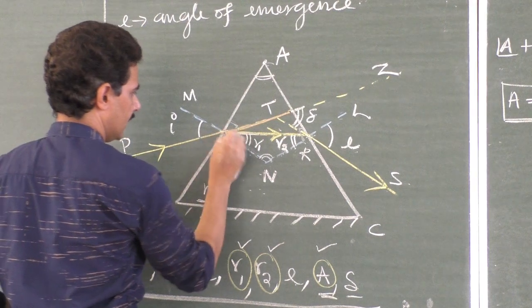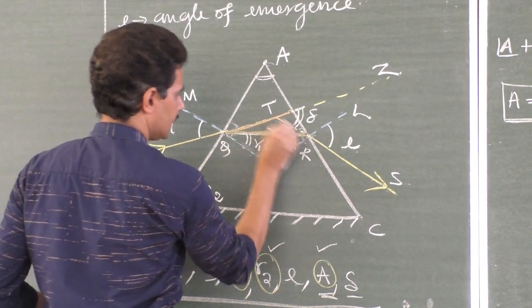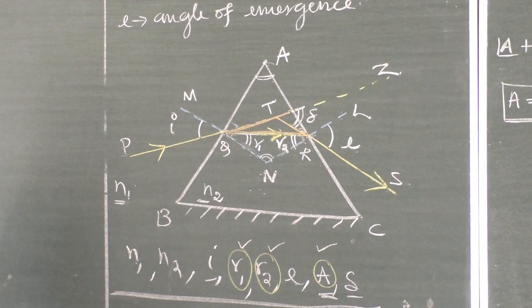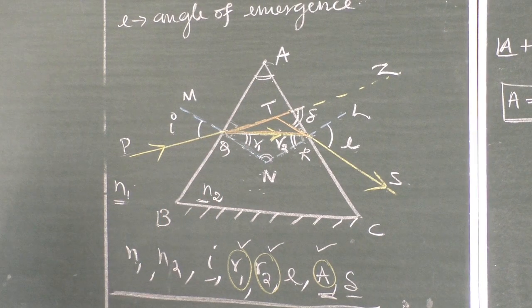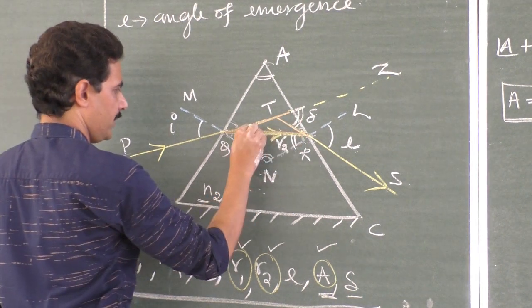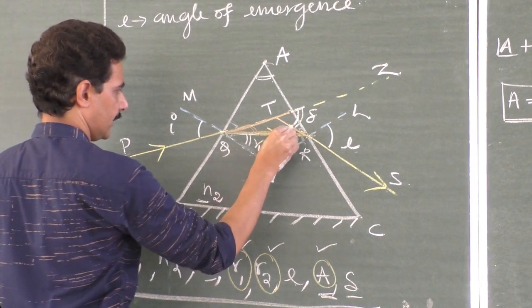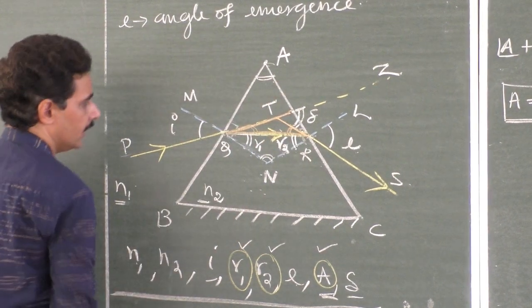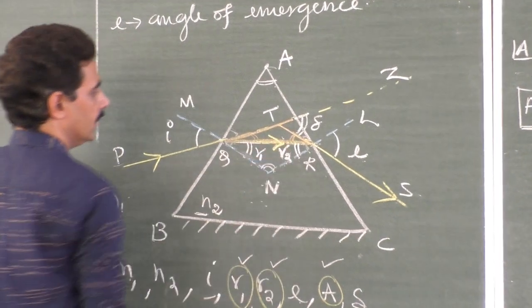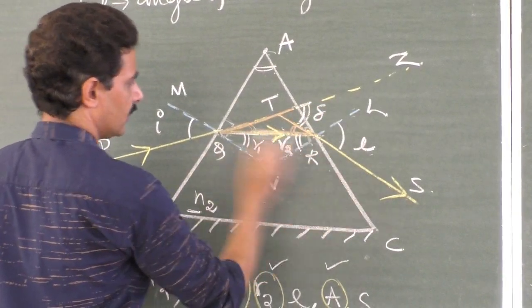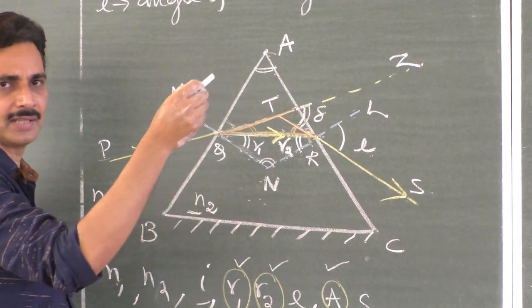You see this triangle here. Is this delta the exterior angle for this triangle? It is the exterior angle, right? Now, if you want to know what this exterior angle is equal to, it is the sum of the interior opposite angles. Am I right? These two. Can you see that clearly? So, this is the ray and this is the original direction, this is the final direction. Don't make it solid. Just for the explanation I am doing so.